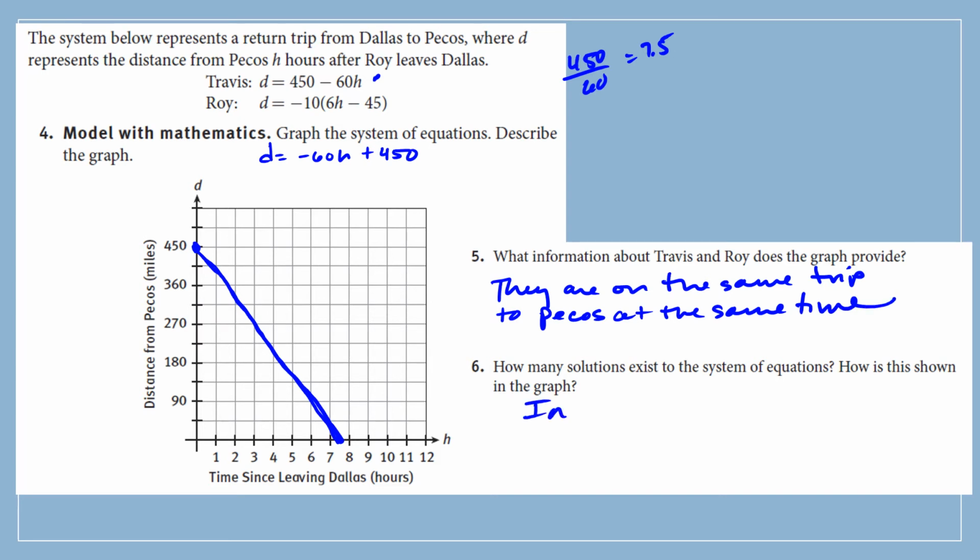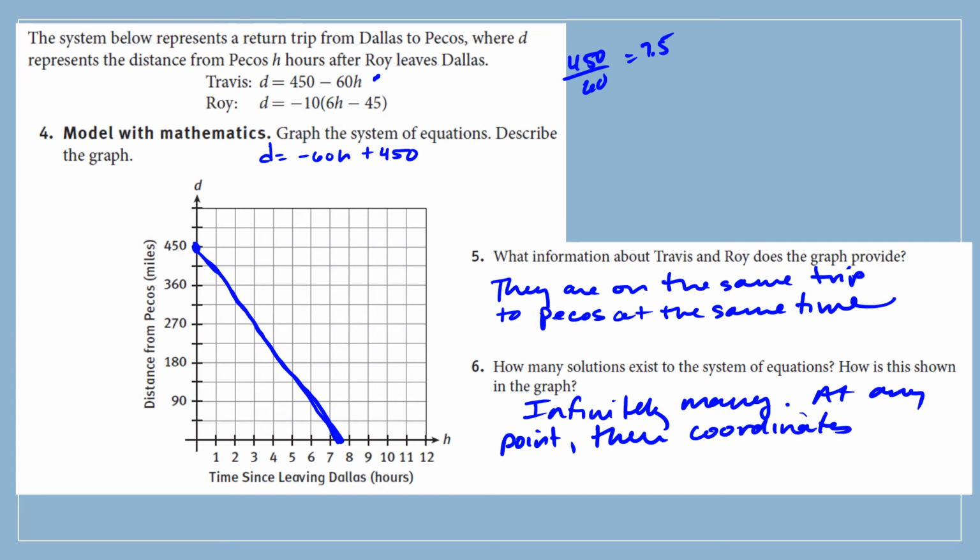There are infinitely many. At any point, their coordinates are the same. So whoever's line you pick a point on, the other guy will be at that exact same point on his line because they are the same line.